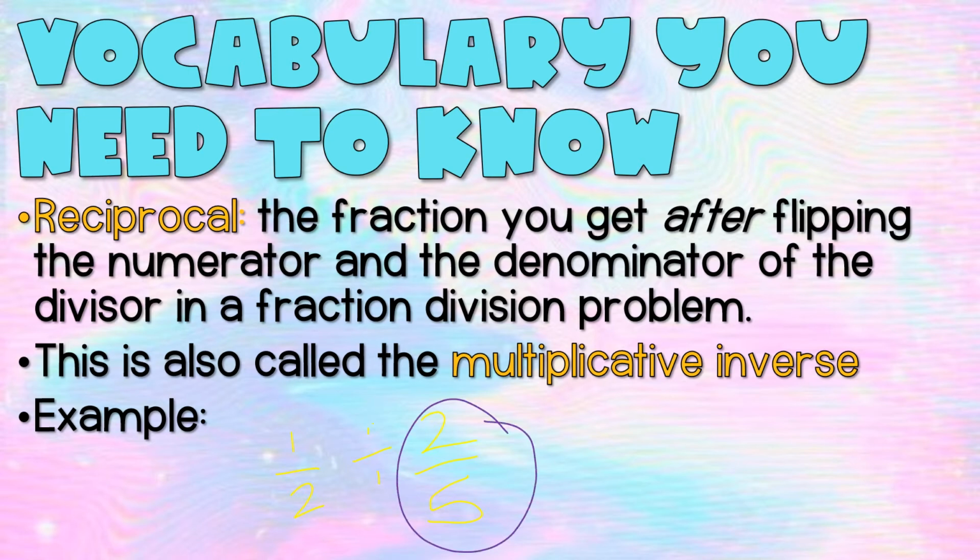So whenever we change that number, our new equation becomes 1/2 times 5/2. And I'll explain on the next slide why it turns into multiplication. So let's go ahead and get started with how we find the answer to a fraction division problem.